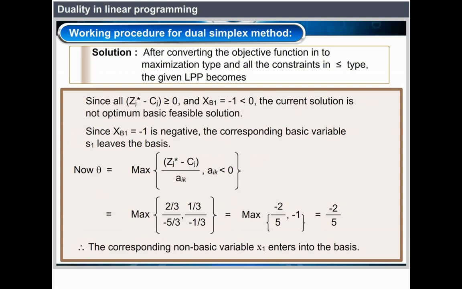Now theta equal to maximum of Zj star minus Ej divided by Ajk, where Ajk less than 0, equal to maximum of 2 by 3 divided by minus 5 by 3, 1 by 3 divided by minus 1 by 3, equal to maximum of minus 2 by 5, minus 1, equal to minus 2 by 5. Therefore, the corresponding non-basic variable x1 enters into the basis.